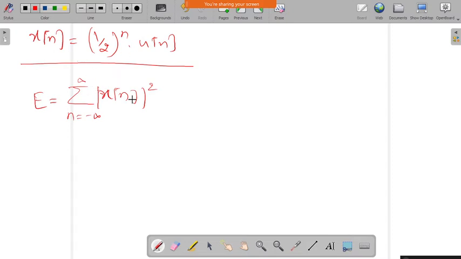Since u of n is there, you can have n equal to 0 to infinity. x of n square is half power n whole square. So this is what we are going to get.